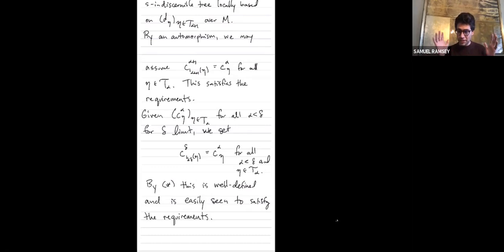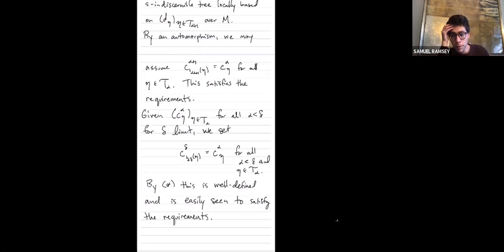Because I wanted exactly this coherence condition. So I'm going to define it that way. If I take an alpha less than delta, and I take some eta in T alpha, how do I define the tuple indexed by its image under the canonical inclusion? Well, I just define it to be C alpha eta.